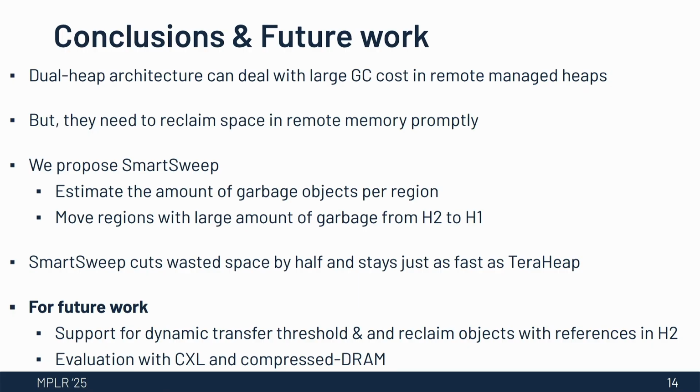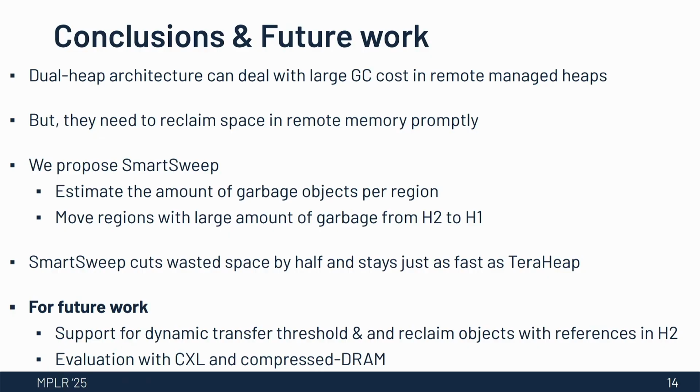To conclude, to deal with large GC cost over remote managed heaps, you need to use a dual heap approach. The problem in the dual heap approach is how to reclaim memory promptly. And we show SmartSweep.